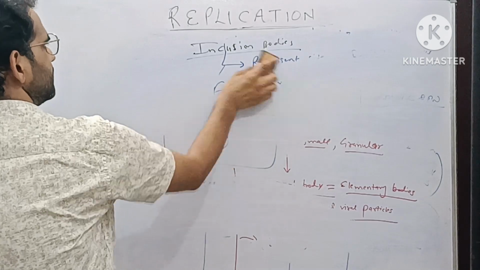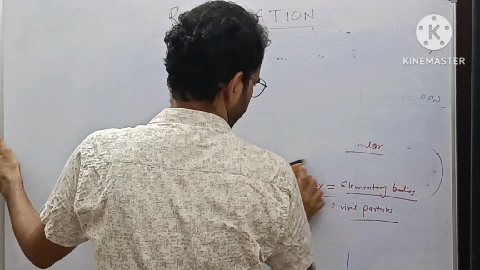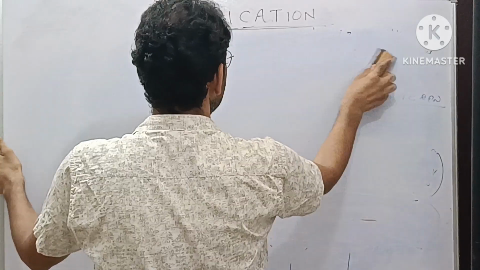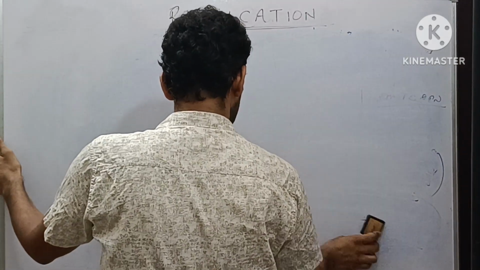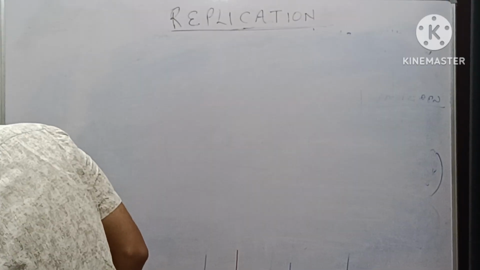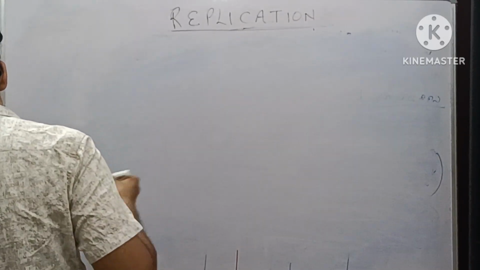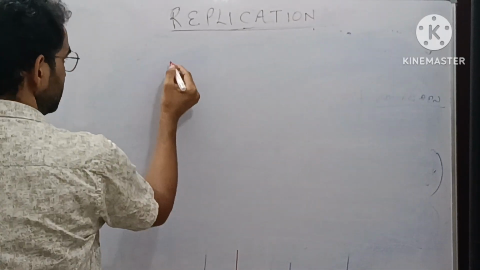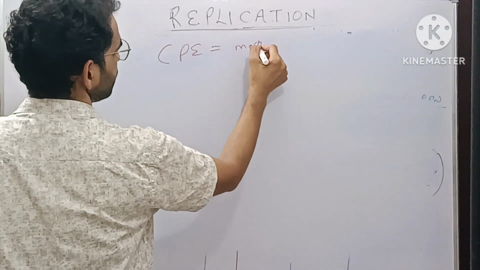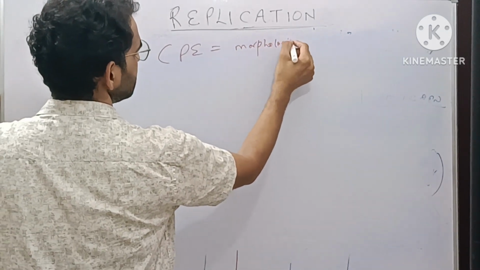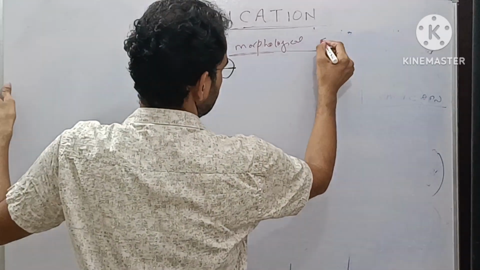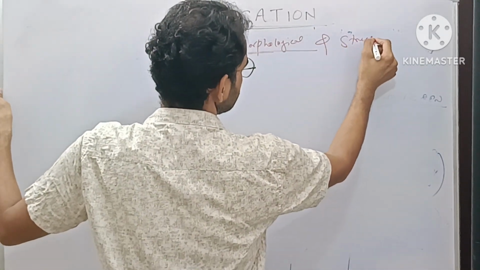Next topic is cytopathic effect. When a virus multiplies inside a cell, what is the effect produced? That is cytopathic effect. The CPE is morphological and structural changes.